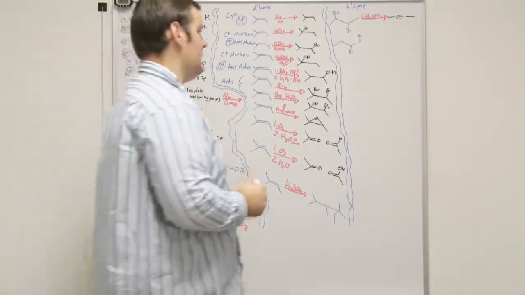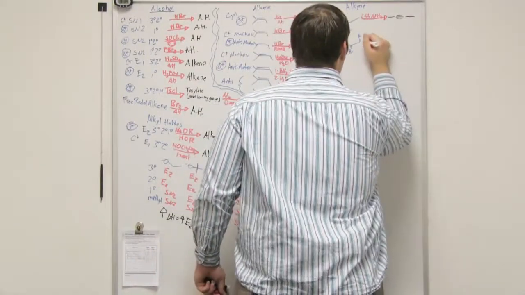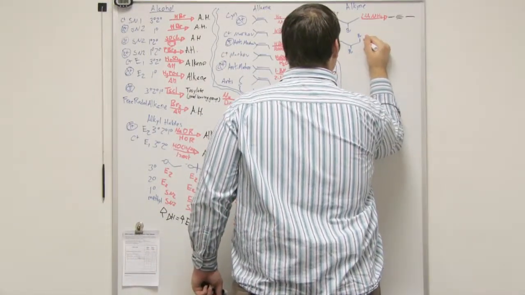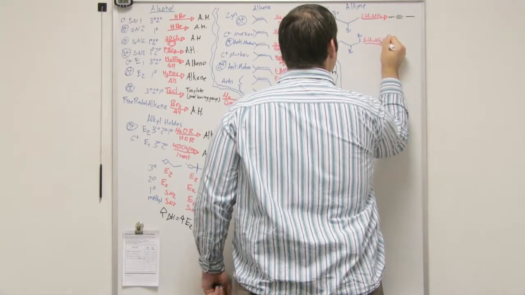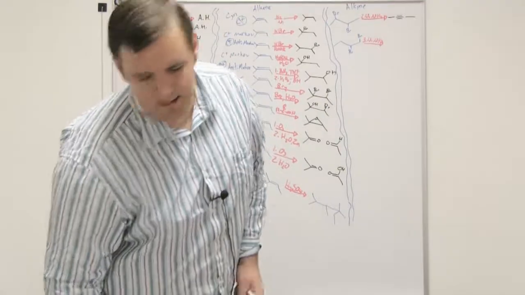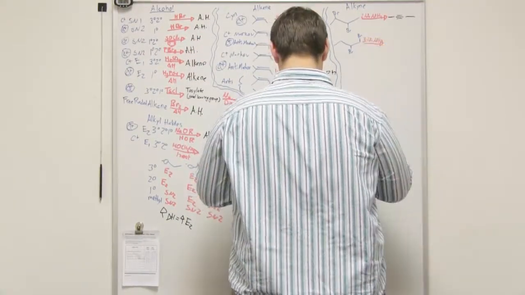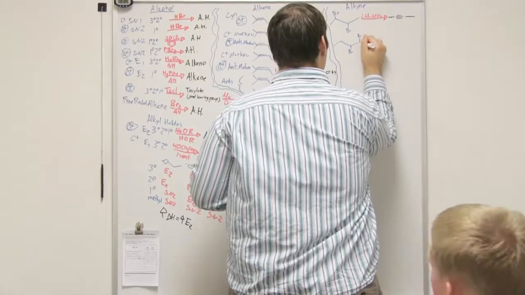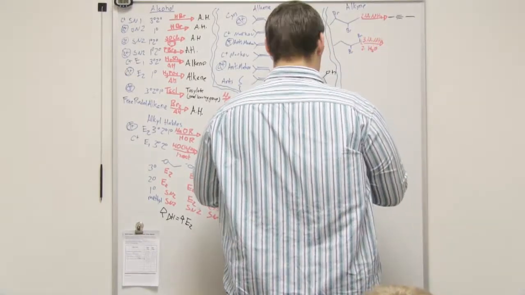You're going to form a mono-substituted alkyne, and so you need to do 3 moles of NaNH2. That's your first step, I'm going to put here 1. Your second step, you add water in there, and then you'll get your triple bond.